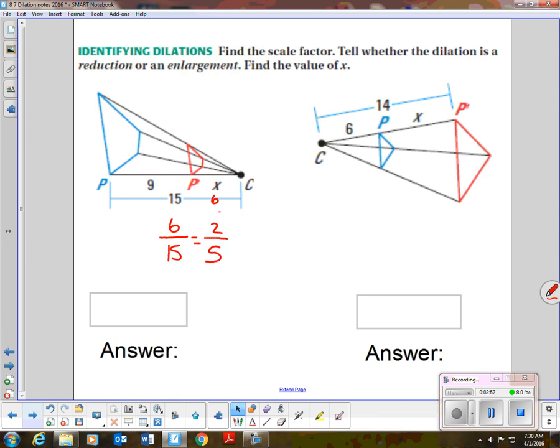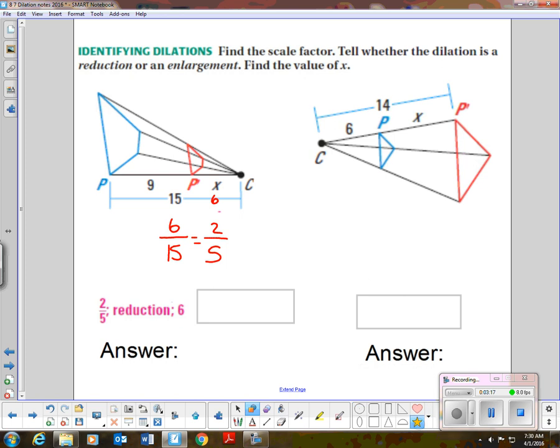And so we can see here this was a reduction, 2 to 5. We know it's a reduction also because the original figure was large and the image is smaller, so therefore we have a scale factor that's less than 1. Okay, and so you can try this one right over here. I'll leave this one for you to do. And then if you need to, you can check your answer when you come to class.